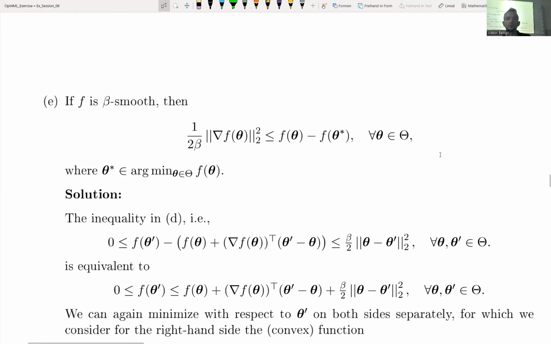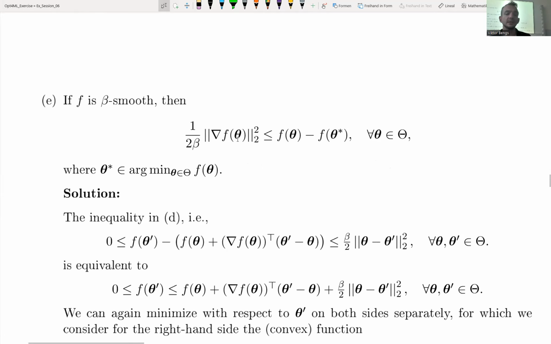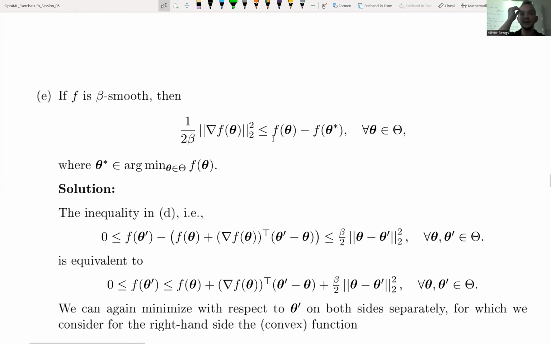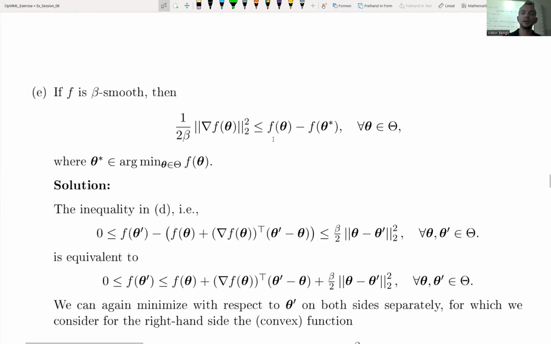Okay, then finally we also want to have something like a counterpart of the PL inequality, which is implied by alpha strong convexity. Here we get something very similar, and the derivation of this is in fact very similar to what we did for the PL inequality.